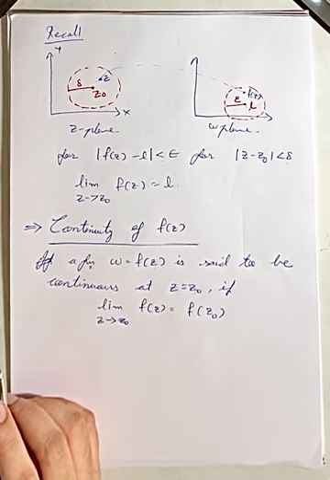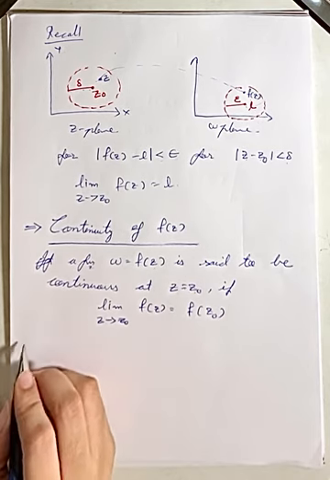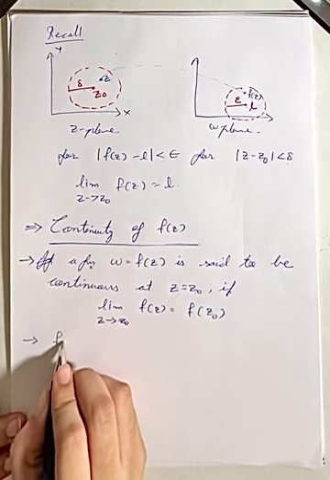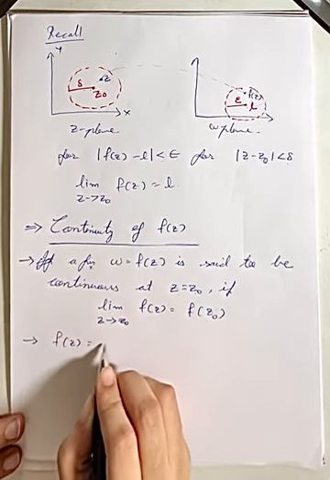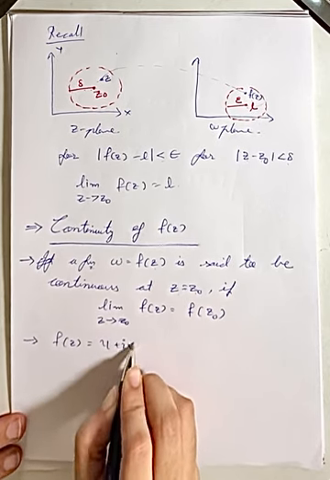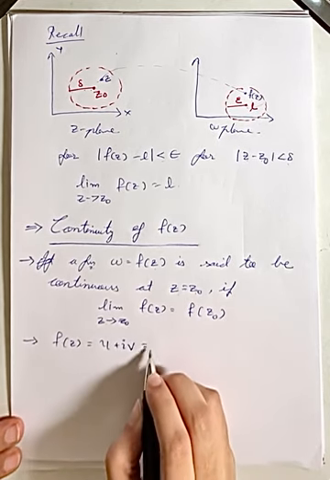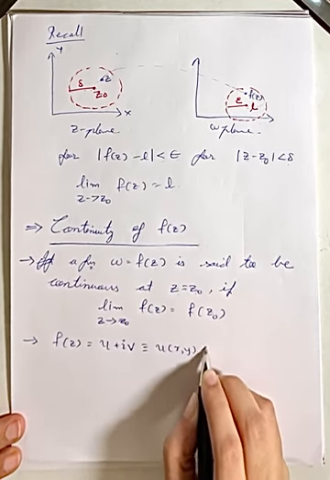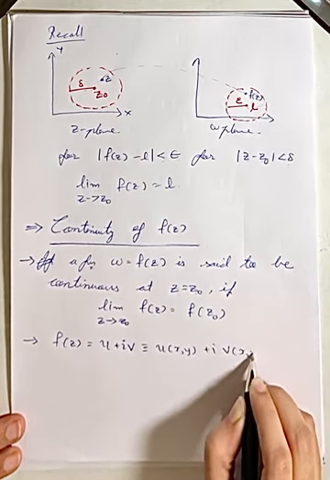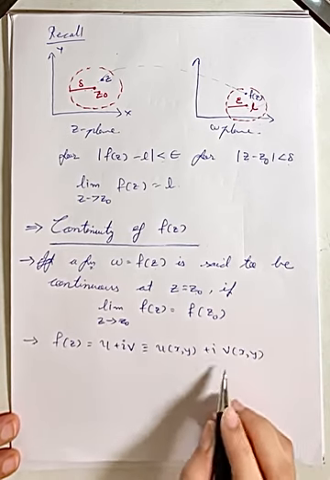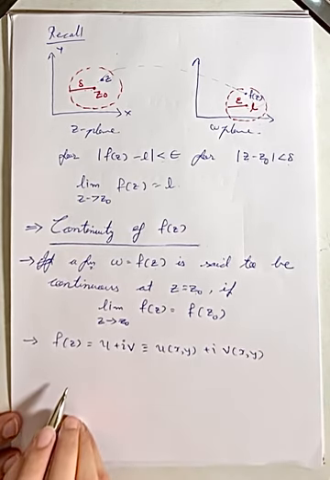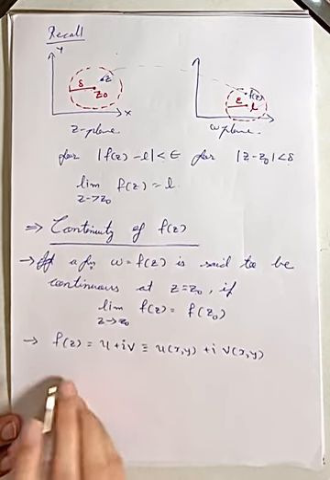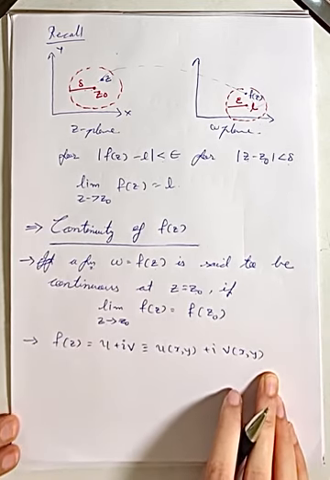And one more point we should note here, that we defined f of z to be u plus iv, and more precisely it is u(x,y) plus i v(x,y). So u is a function of x and y and v is also a function of x and y.